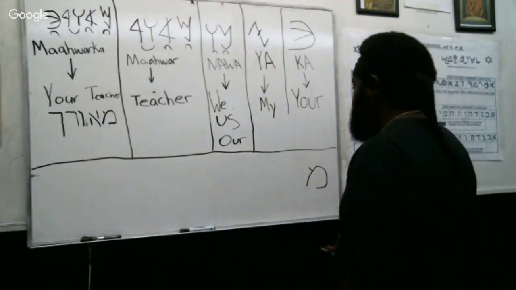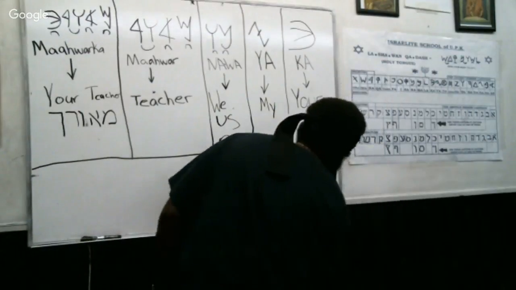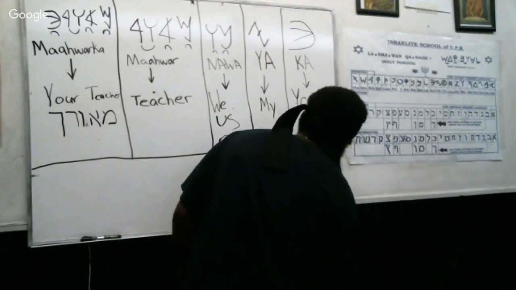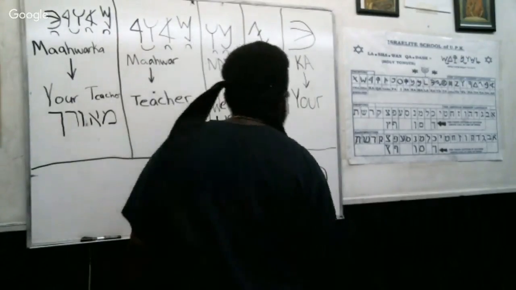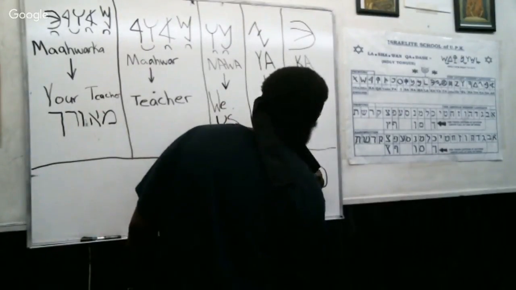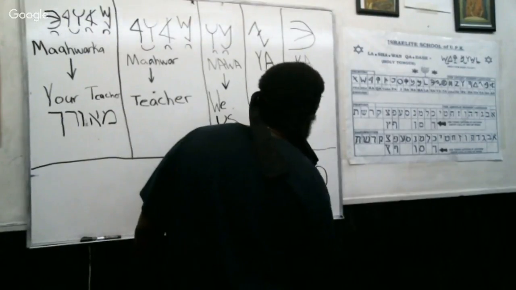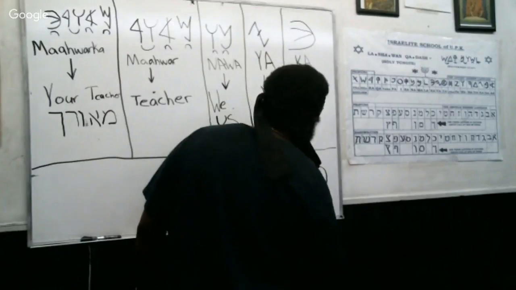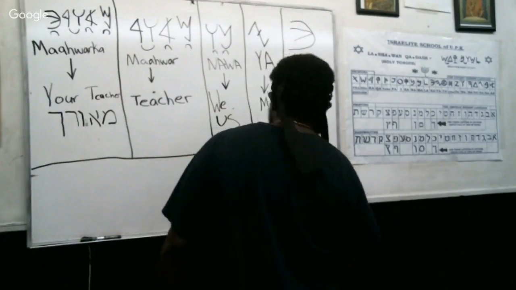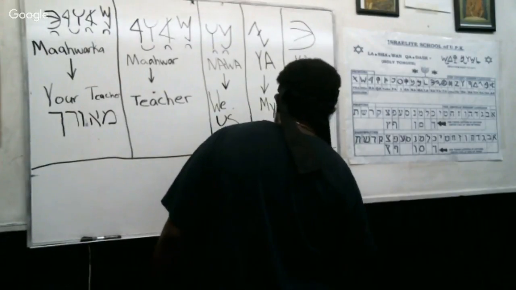You might say Ma'awaraka. Or you might be flowing and say Ma'awaraka. And Ma'awaraka is your teacher. The ka is at the end for the "your."